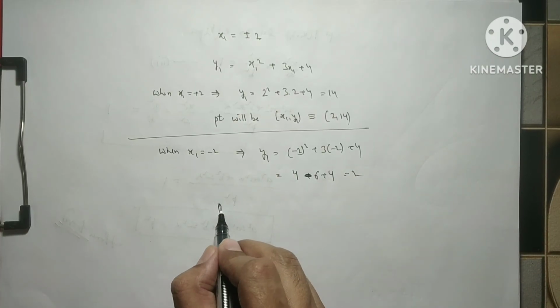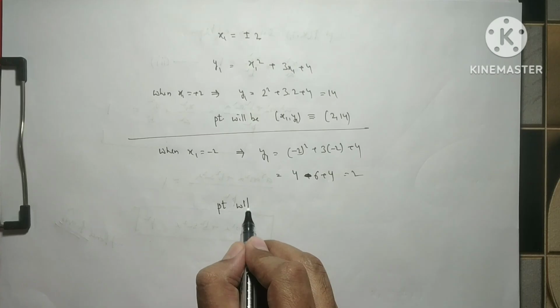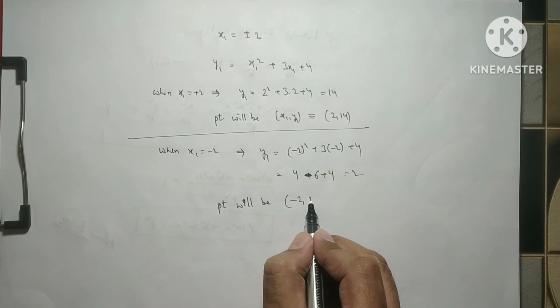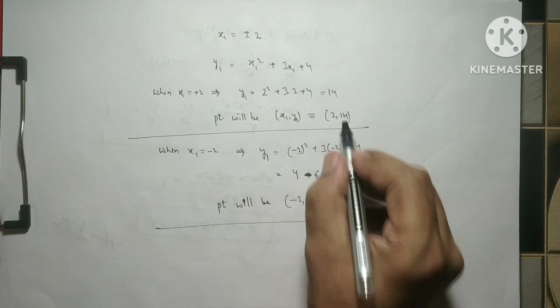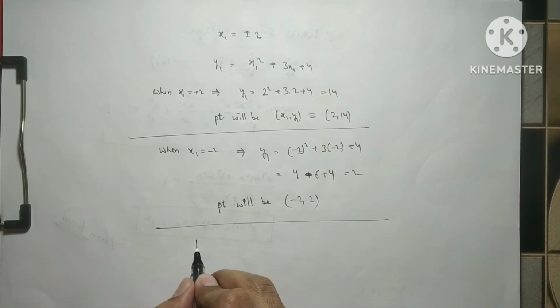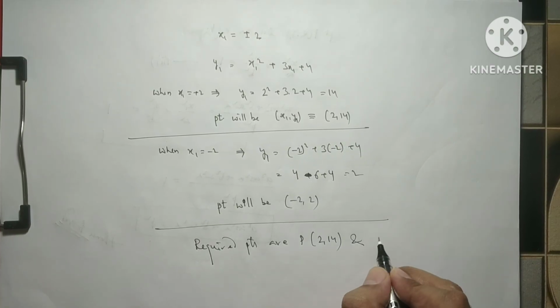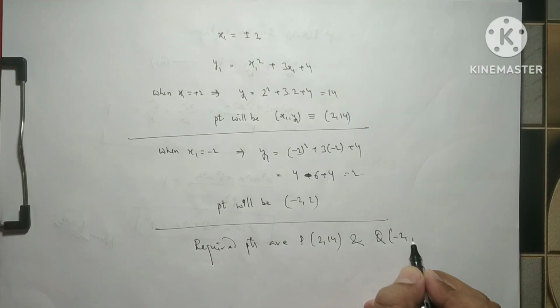That means the point will be minus 2 comma 2. So these are the answers. Required points are 2 comma 14 and minus 2 comma 2.